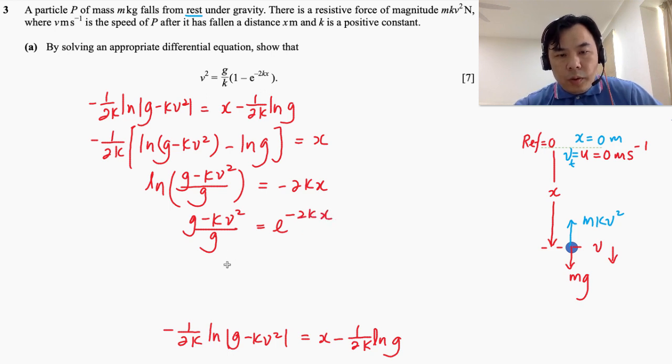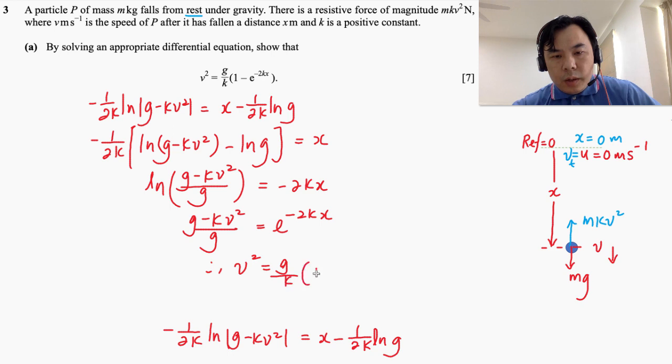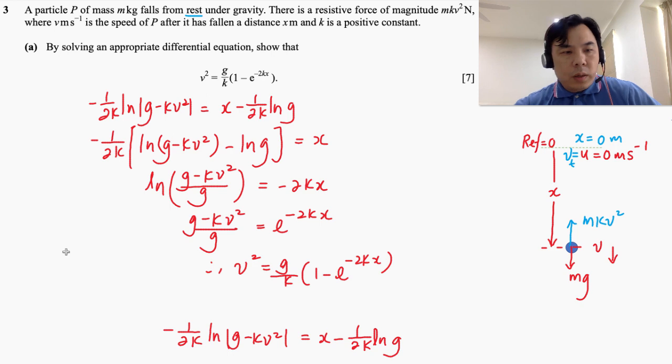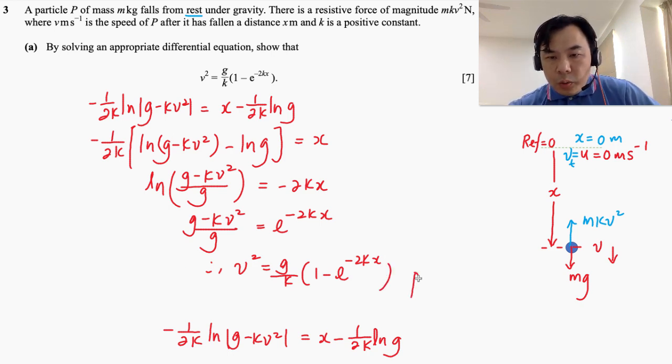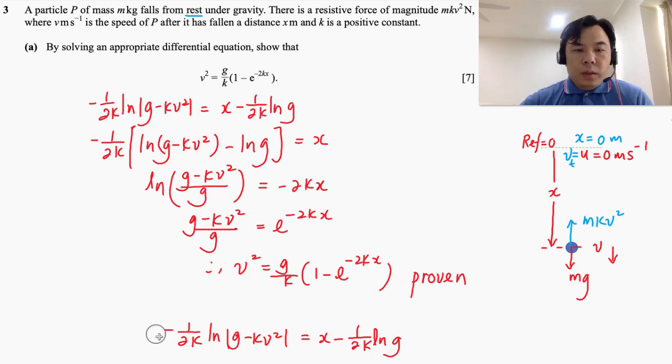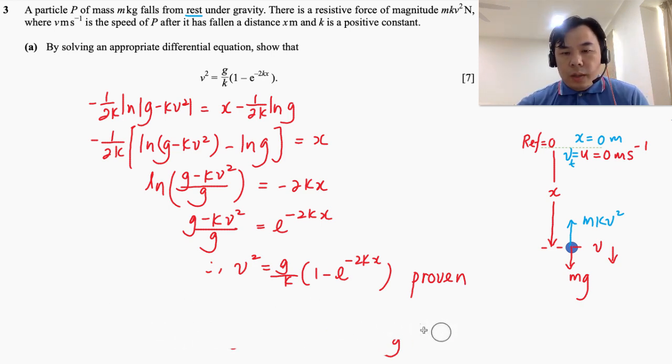Therefore we can finalize that as g over k times 1 minus exponential of negative 2kx. And then we managed to prove this, proven. All right. So I hope that is clear at this point.